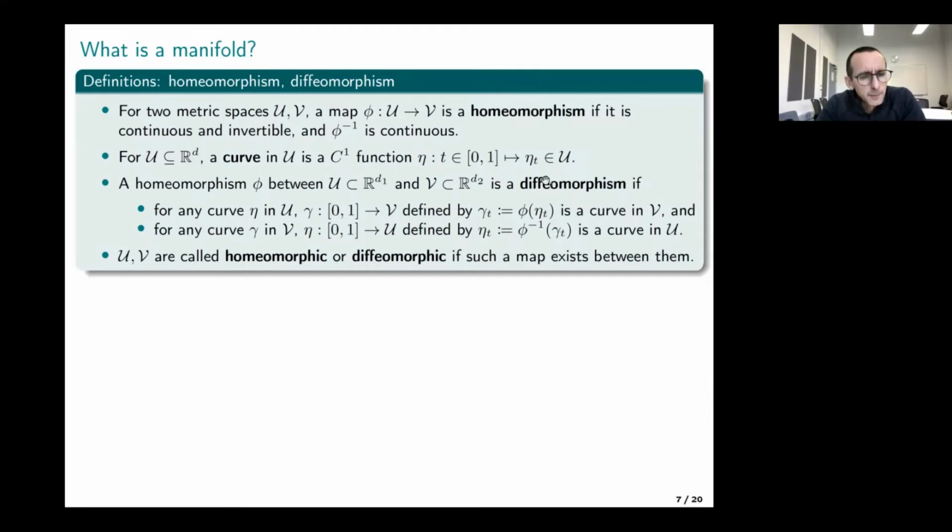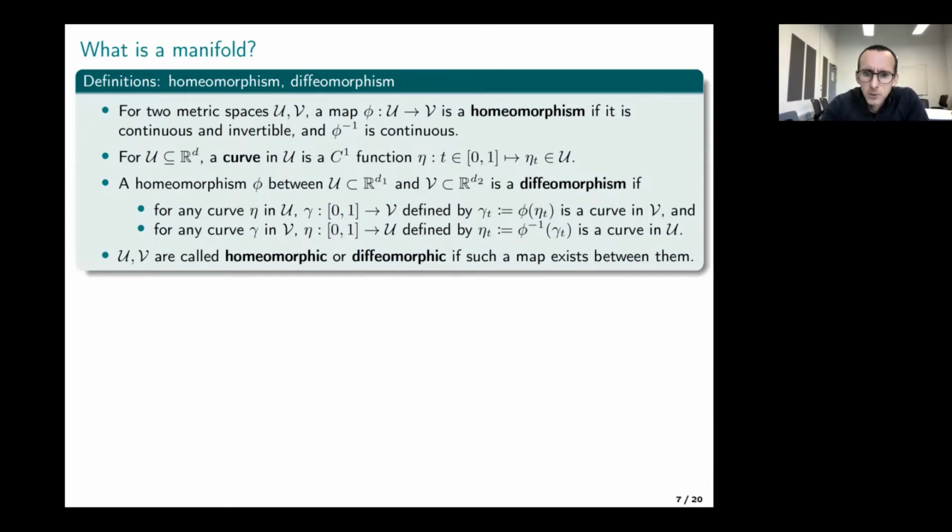And then what's a diffeomorphism? Well, in addition to being a homeomorphism, there's a notion of differentiability of the mapping in question and differentiability of its inverse. Now, what notion of differentiability is used is context dependent.